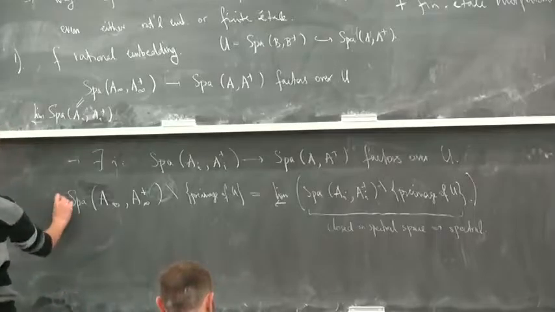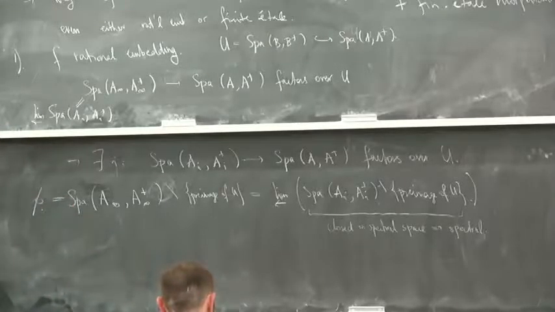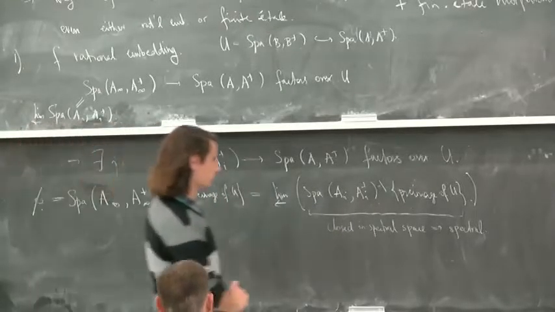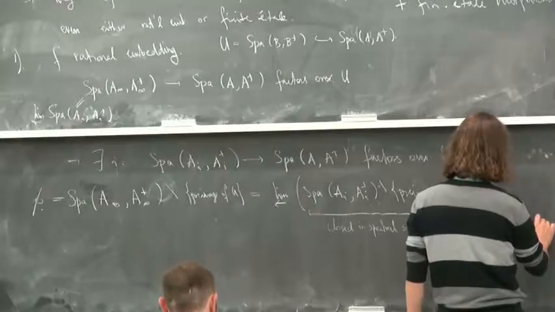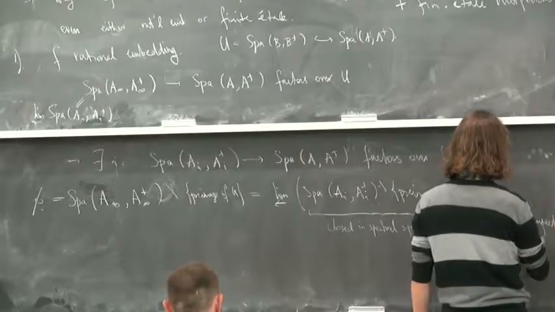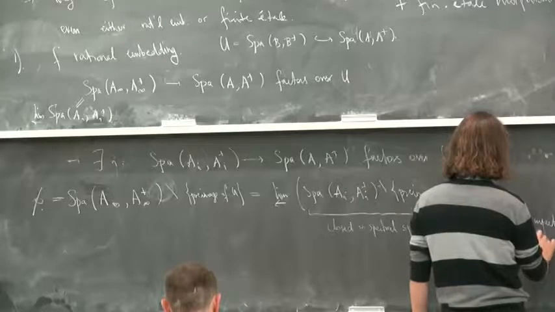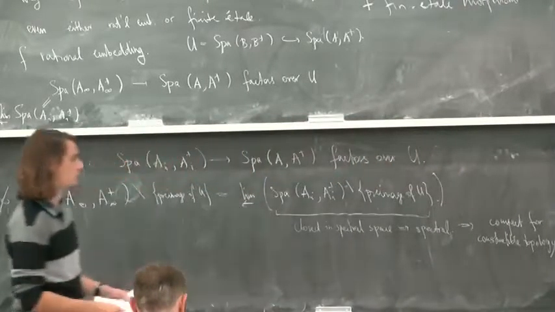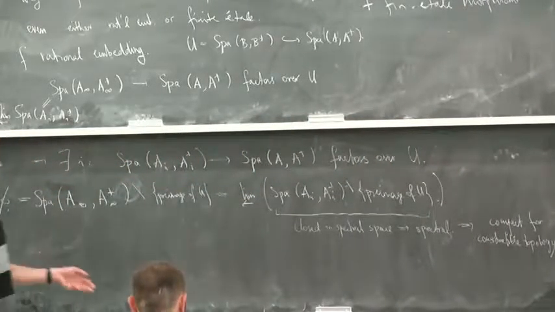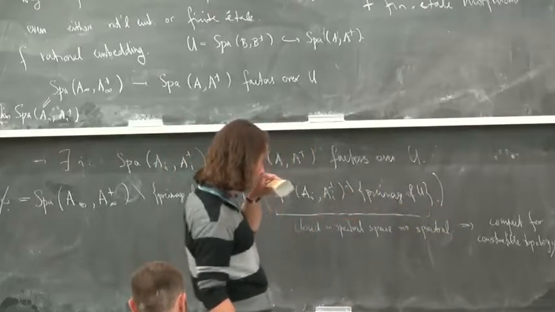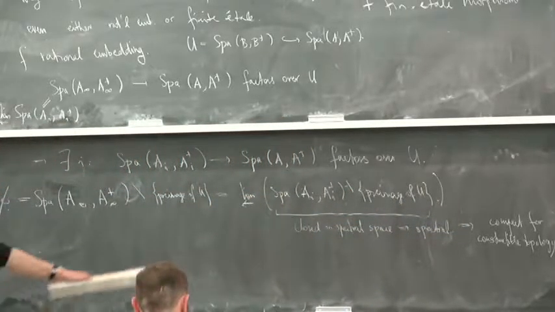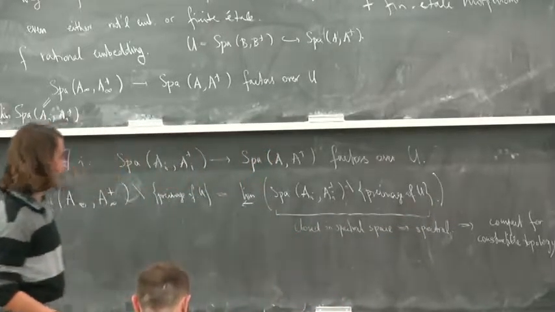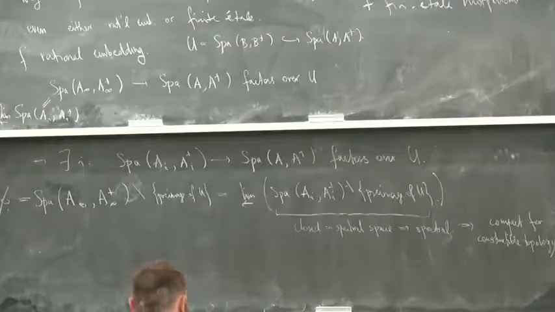And so we assume that this here is empty. And so we have an inverse limit of spectral spaces which is empty, and this implies that one of them is empty. So why is this? Spectral implies that they are compact for the constructible topology, which is generated by usual open subsets and complements of quasi-compact open subsets. All these maps are continuous for the constructible topology, so you have an inverse limit of compact spaces with continuous transition maps, which is empty, and so then one of them is empty.